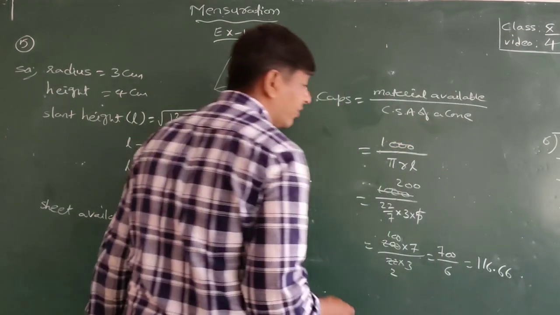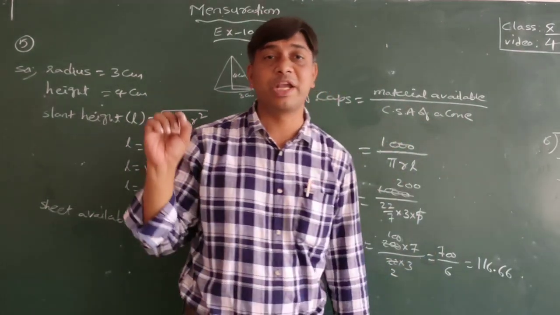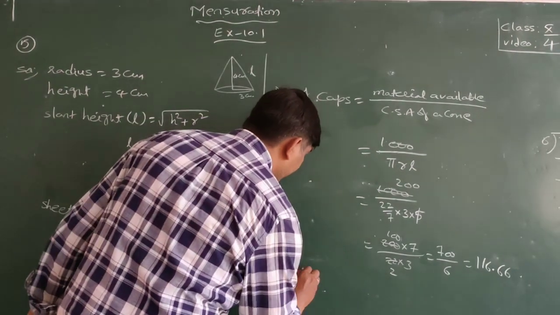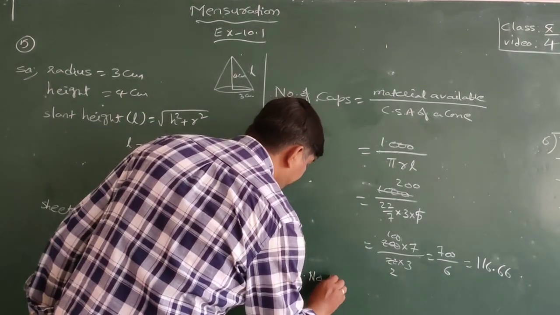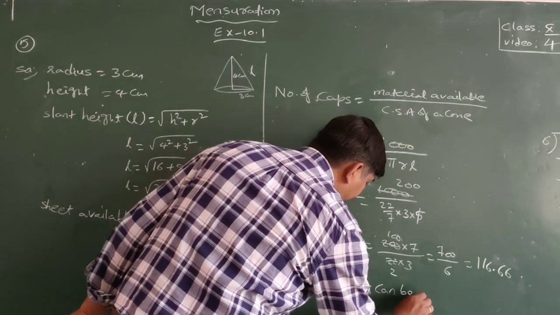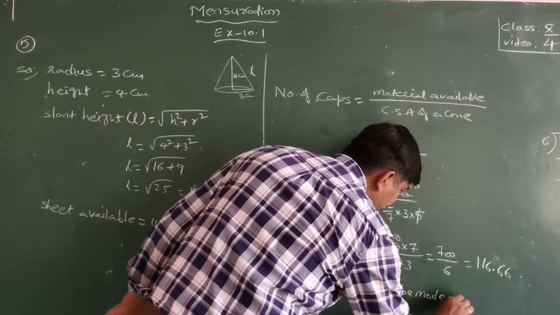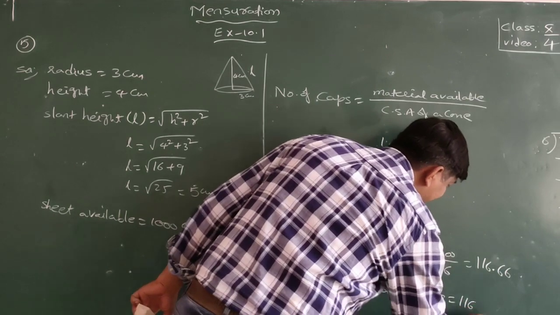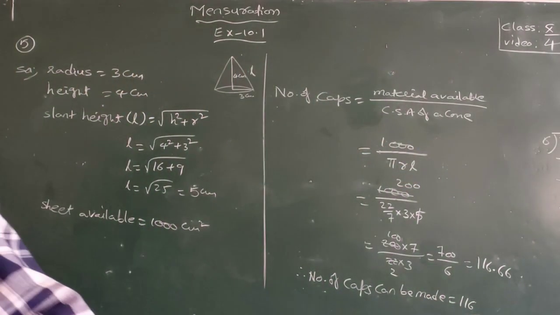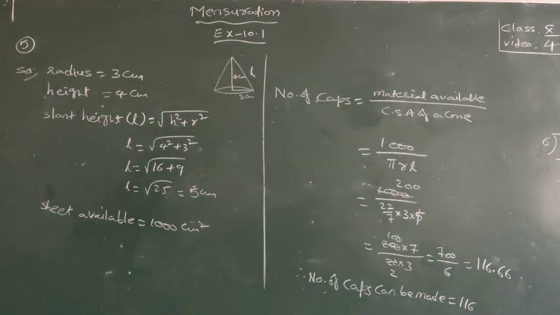Therefore, for the number of caps, only the integral part you have to take. So the number of caps that can be made is equal to 116 caps. The integral part is the number of caps; the decimal part is only wastage of the material. With that additional material we can't make a cap.